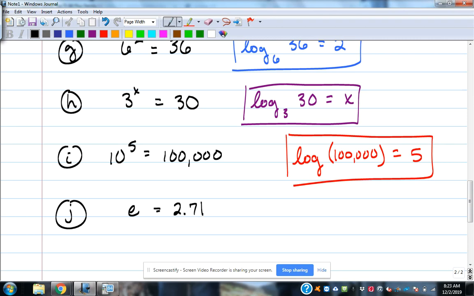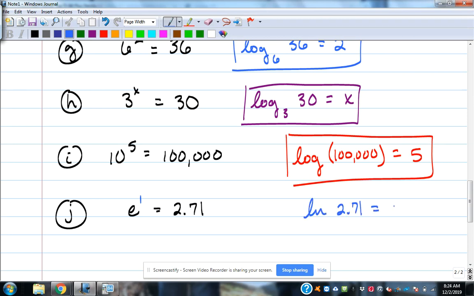All right. What's the exponent on that e? What's the exponent on that e? 1. If it's not there, it's understood to be a 1. So what log are we using here? ln. Natural log.